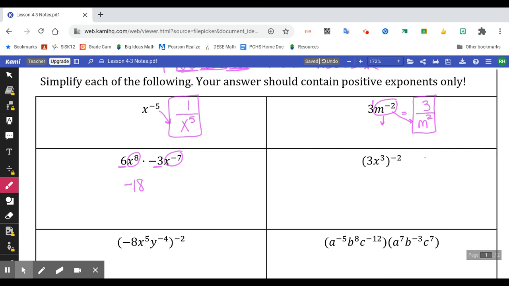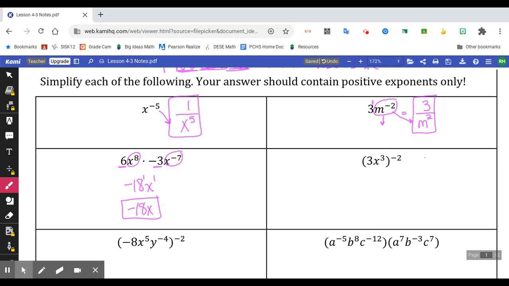So 8 plus negative 7 is 1. So this is x to the first. Now, both of these have positive exponents, 1 and 1. So they're going to stay on top, and it just becomes negative 18x. Nothing has to drop because they don't have negative exponents. This is a negative number, not a negative exponent. Okay, let's go to the next one.